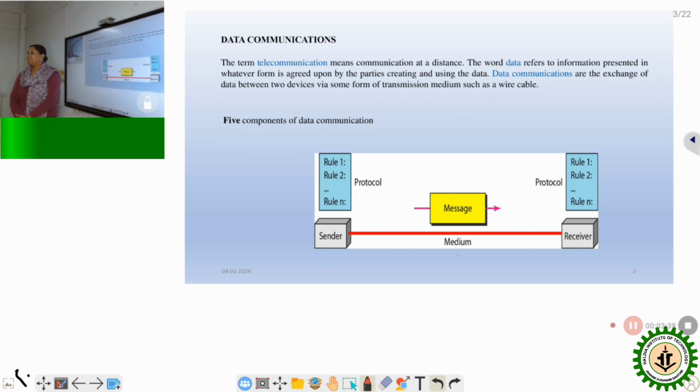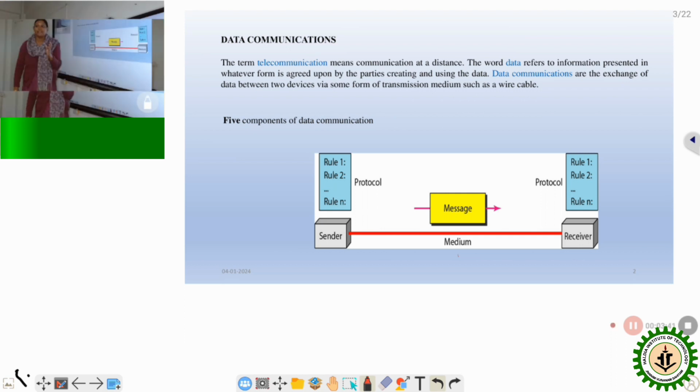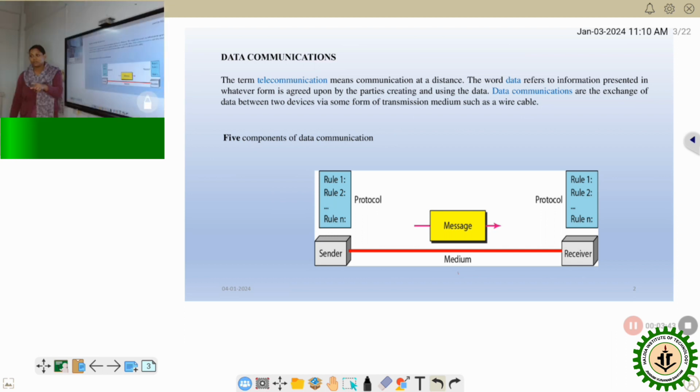The fourth one is the message. Message means the data, whatever you want to transfer, in the form of text, numbers, alphabets, audio, video, anything. And the most important, the fifth one, is the protocol.